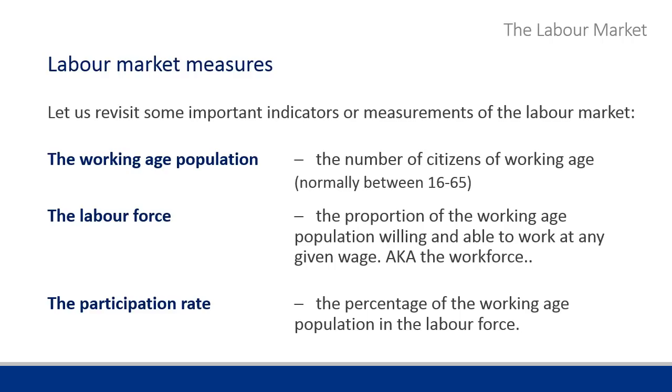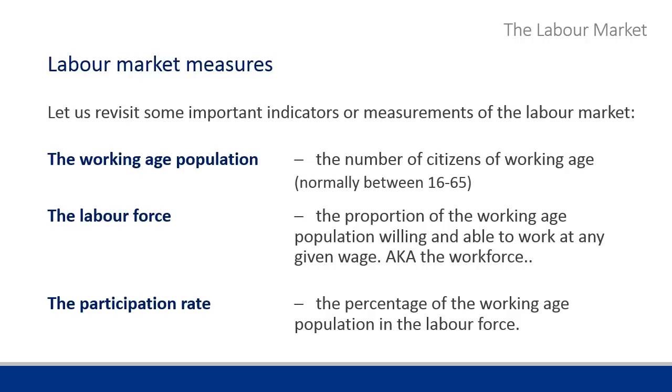We take this opportunity to remind ourselves of some important labour market measures, or indicators, also variables. The working age population is the number of citizens in our society who are of working age, and that's normally between the ages of 16 and 65.